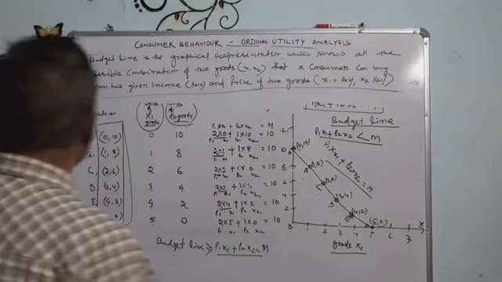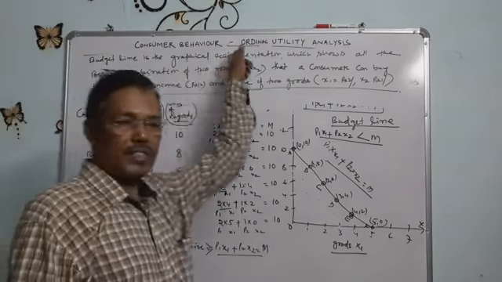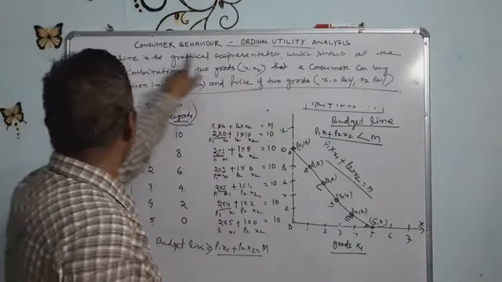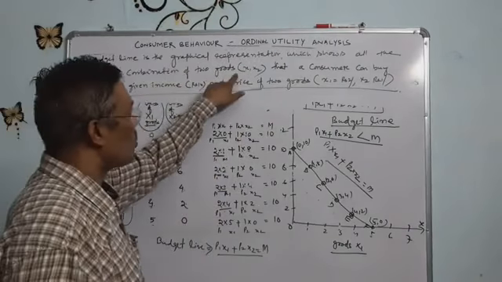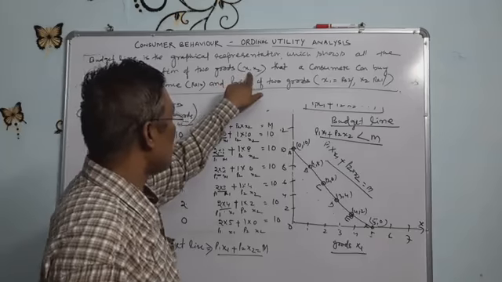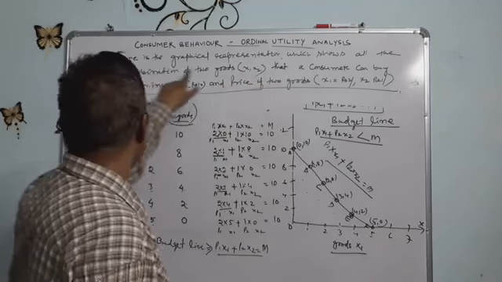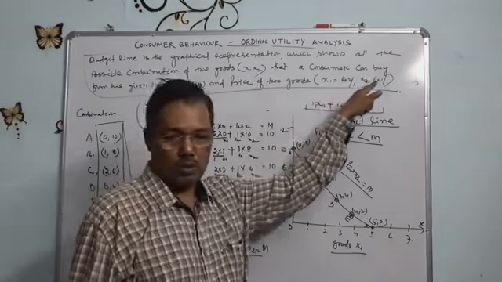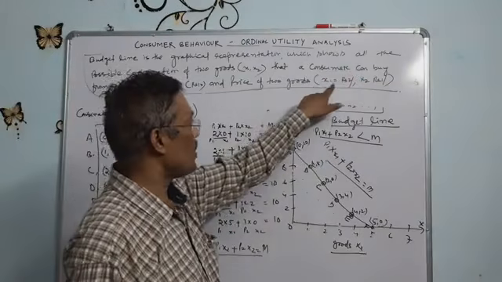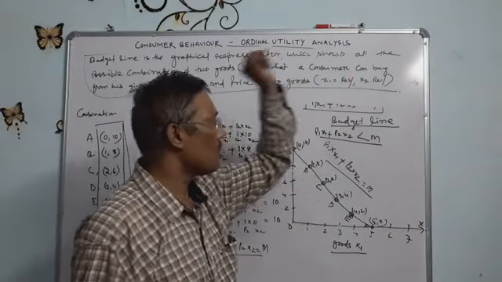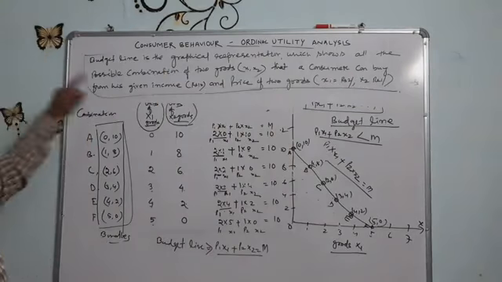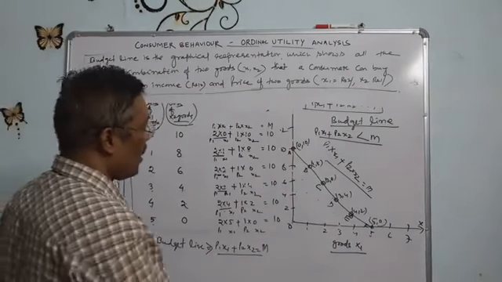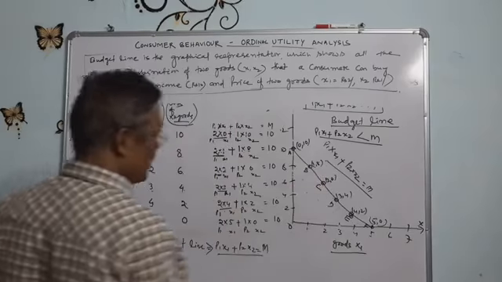Again I repeat, budget line is the graphical representation which shows all the possible combinations of two goods, x1 and x2, that a consumer can buy from his given income and price of the two goods. The price of x1 is rupees 2 and x2 is rupee 1. This is called the budget line, and it is shown in this line.